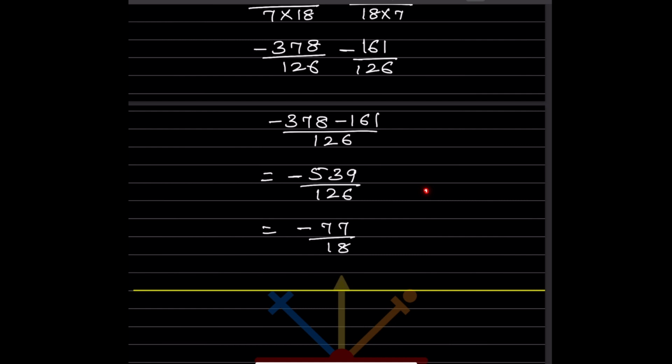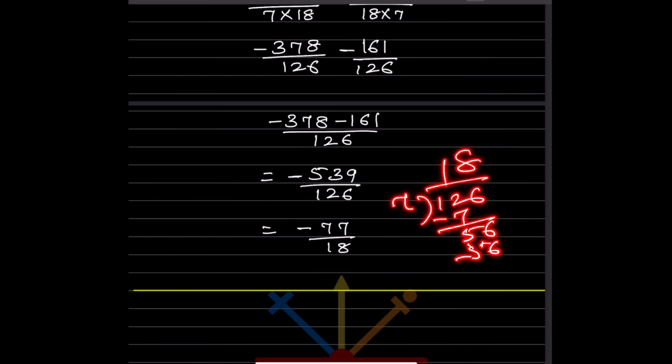So here it goes with 7. 126 divided by 7: 7 ones are 7, and this is 56, 7 eights are 56.